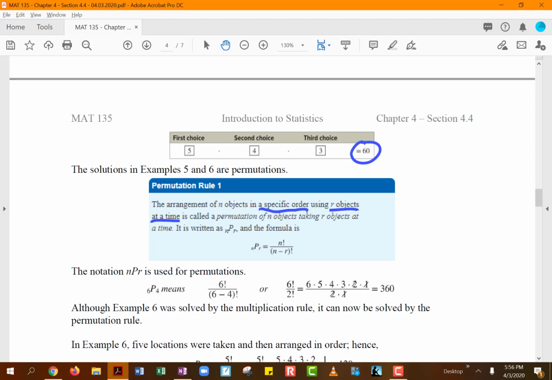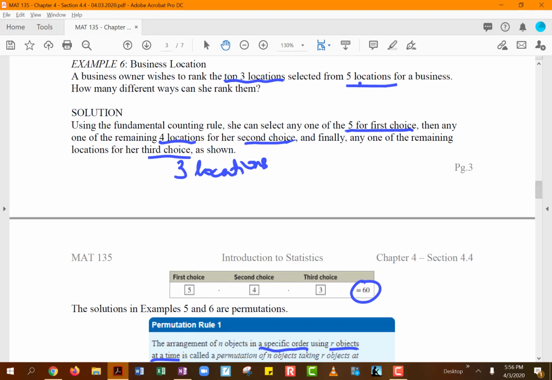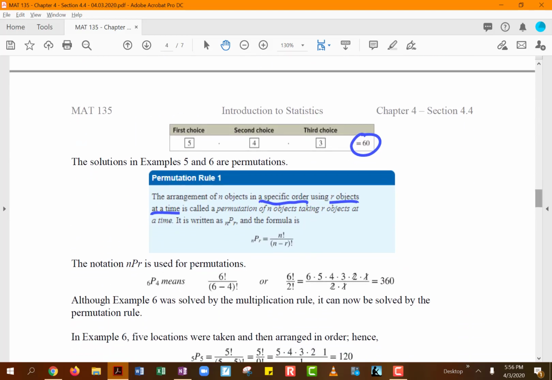So that's 5 for the total and 3 as the r objects that we are choosing. So they are saying this is called a permutation of n objects taking r objects at a time. And this notation is important. So you're actually writing this as sub n, then p for permutation, and sub r, and this is actually how we define our permutation rule.